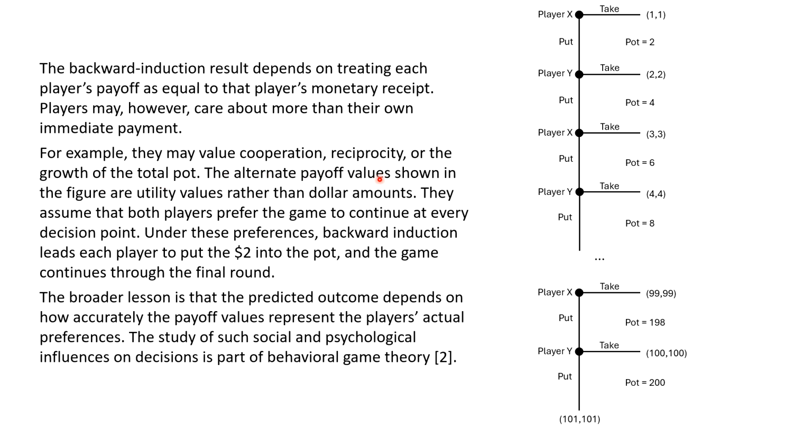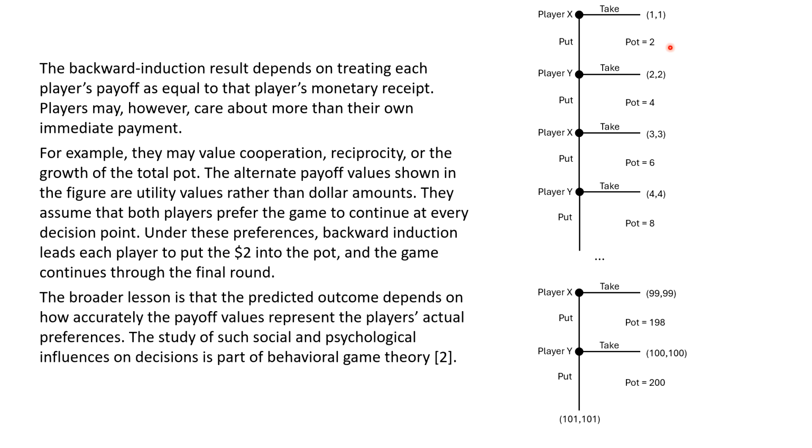The alternate payoff values shown in the figure here are utility values rather than dollar amounts. They assume that both players prefer the game to continue at every decision point. Under these preferences, backward induction leads to each player putting the $2 in the pot, and the game continues.